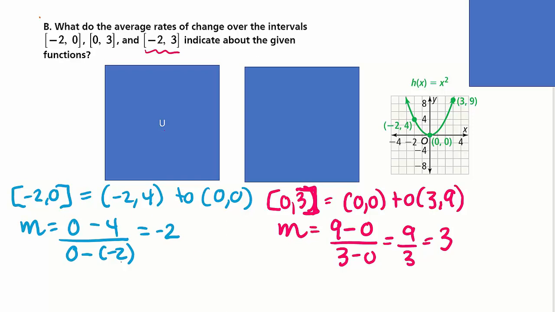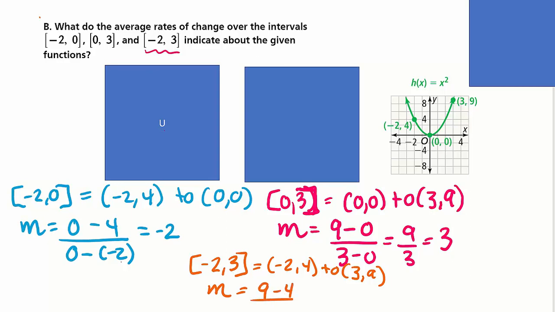and do our last interval from -2 to 3. So we find our coordinates. That's -2, 4 to 3, 9. Then we find our slope. So 9 minus 4 over 3 minus -2, which is equal to 1. So we have 3 different average rates of change.